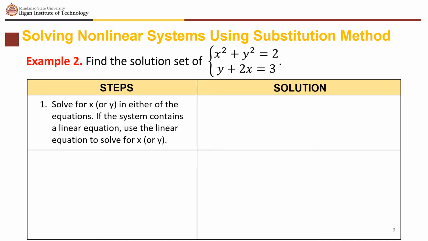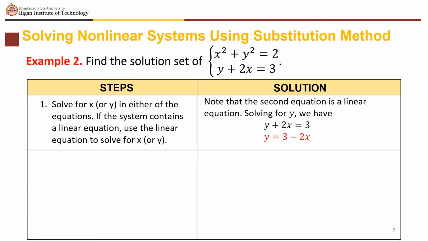Or if the system contains a linear equation, use the linear equation to solve for x or y. So note that the second equation is a linear equation, so that from y plus 2x equal to 3, we can solve for the value y, which is equal to 3 minus 2x.